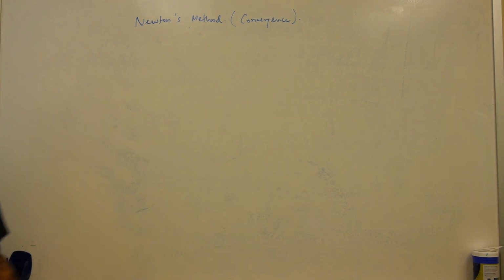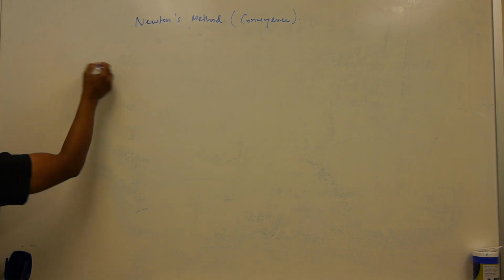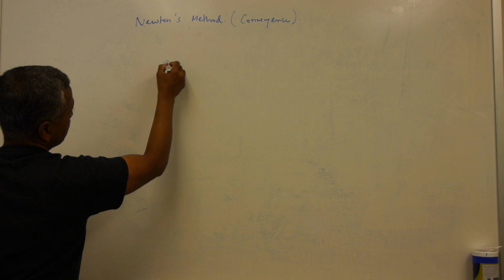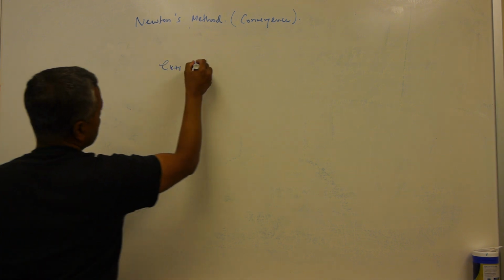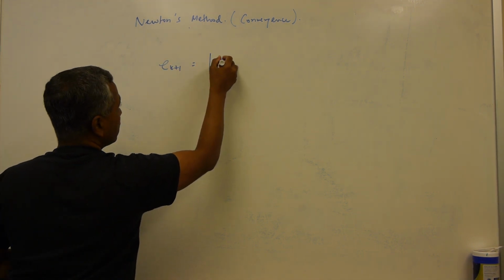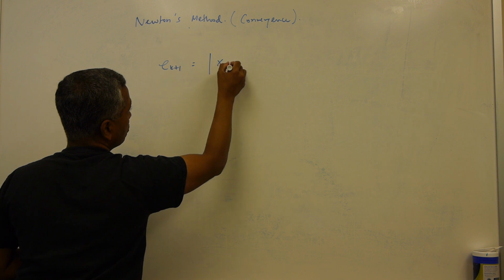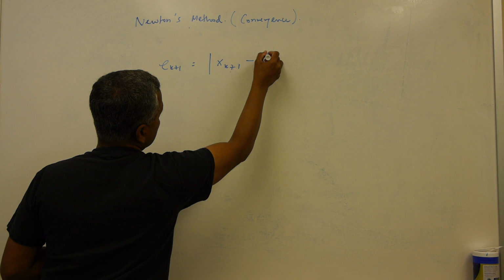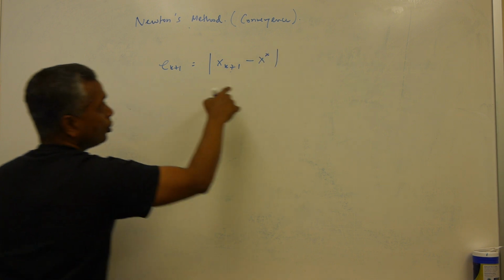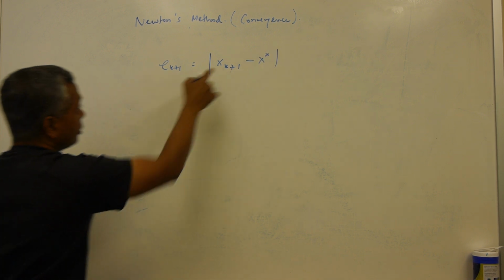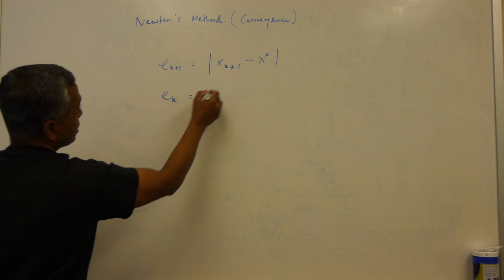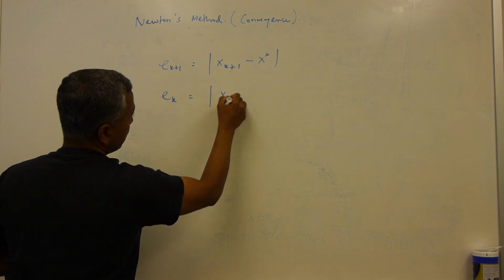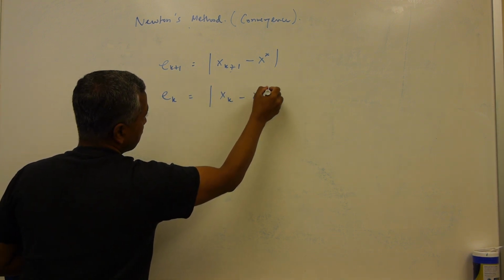Okay, recall how I compute convergence. Remember, I said that there's an error. We write the error in the k plus first iteration, e_{k+1}, as the norm of x_{k+1} minus x star. Now that is the true root, and that is your guess of the root. ek is, of course, just xk minus x star.